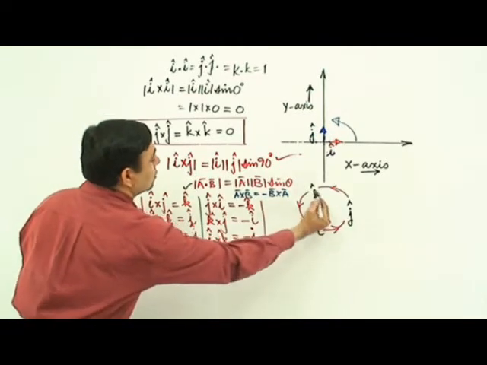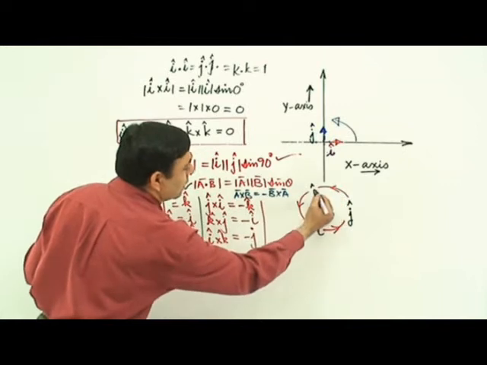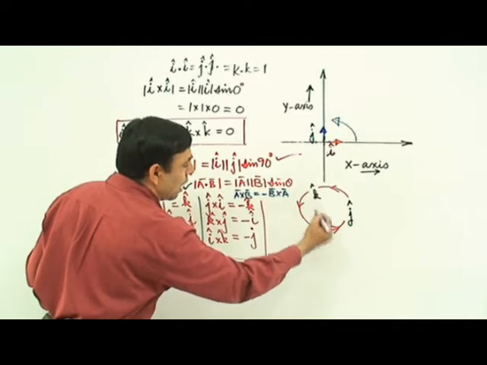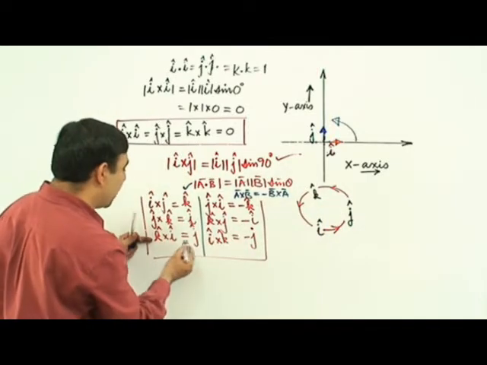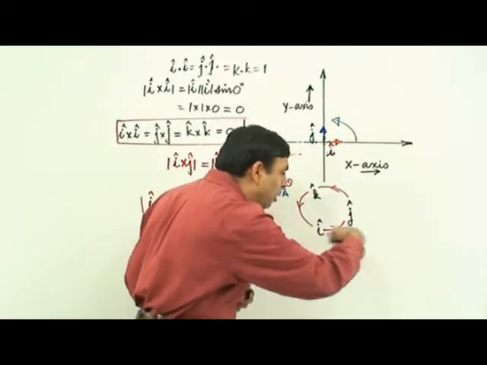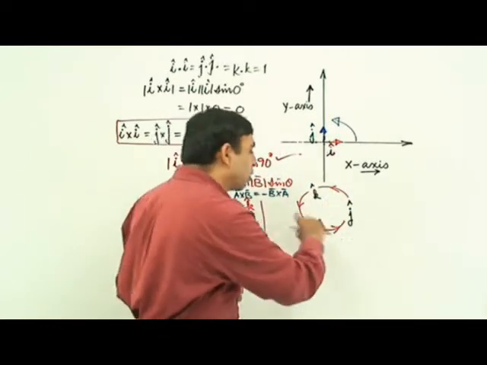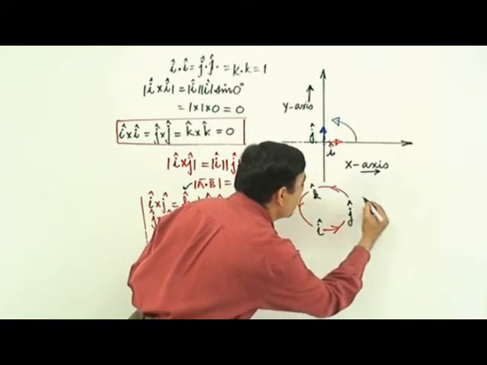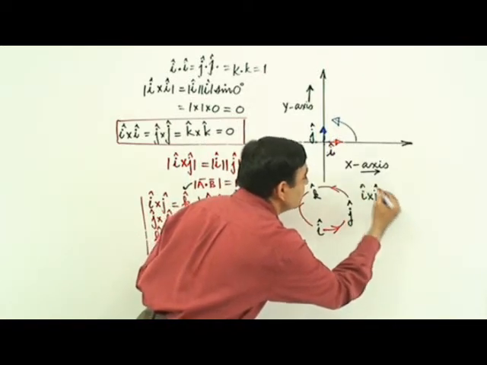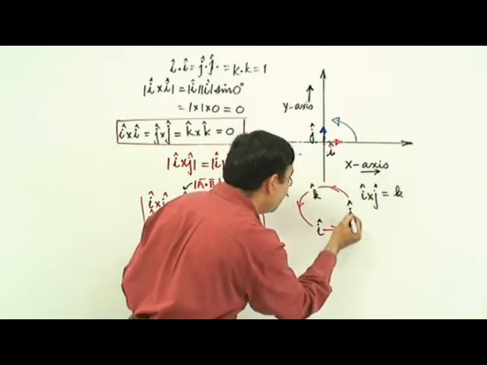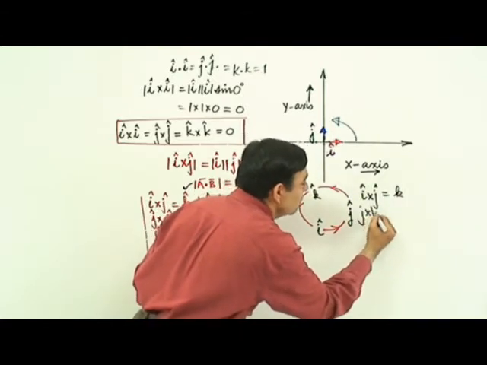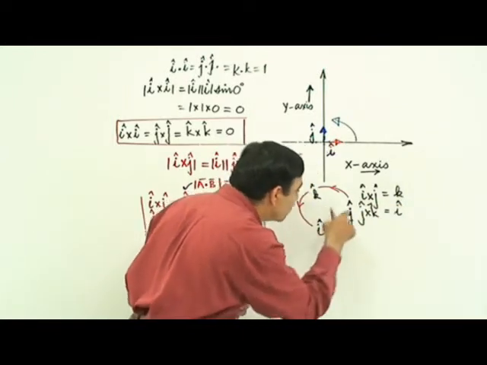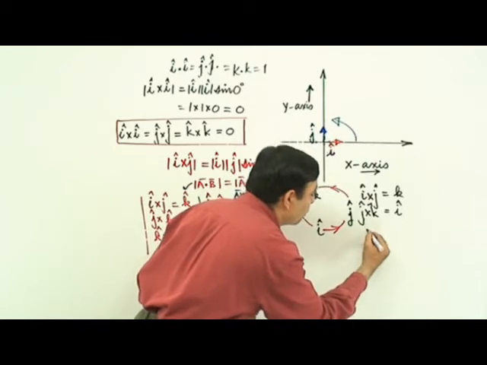Then j cross k is I, and k cross I is j. So when you are going anti-clockwise, just say positive.